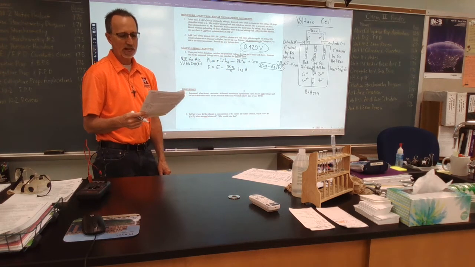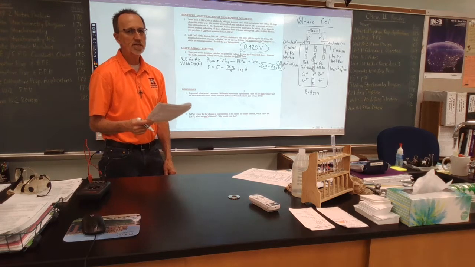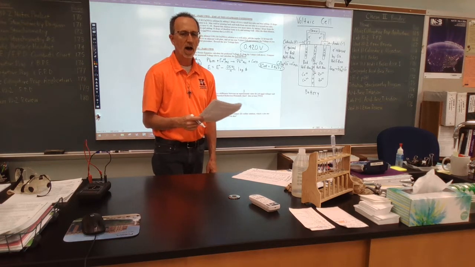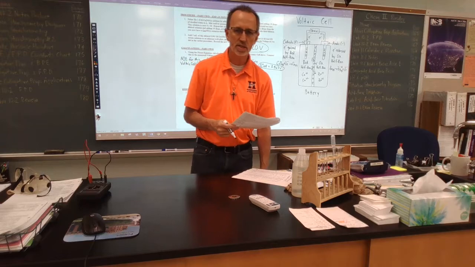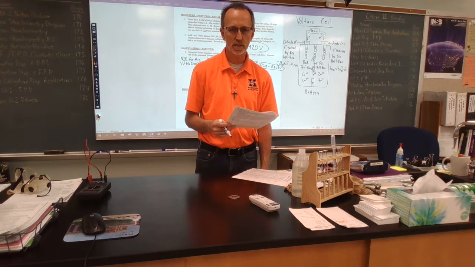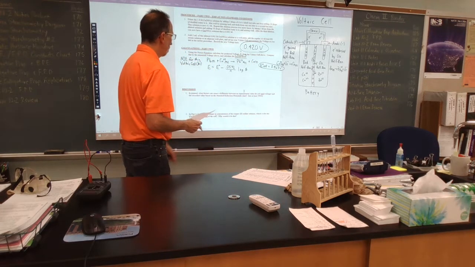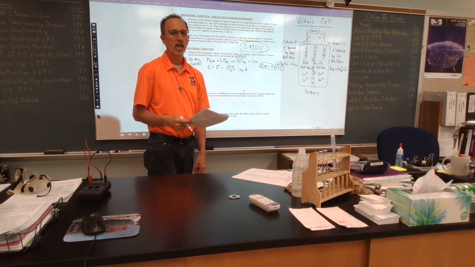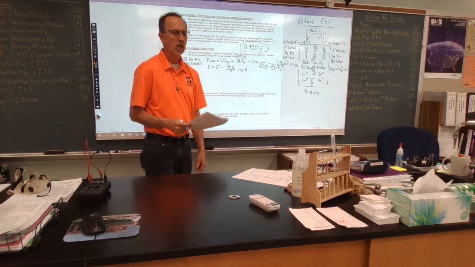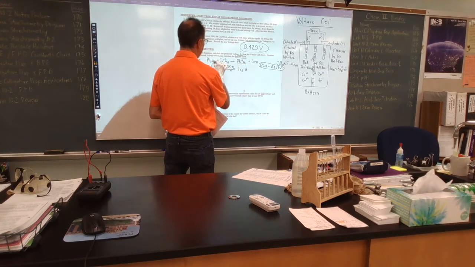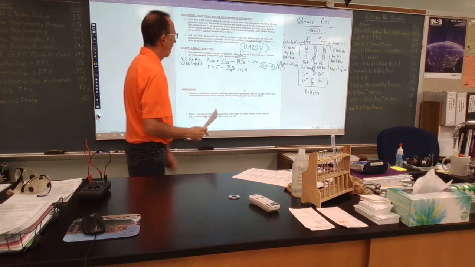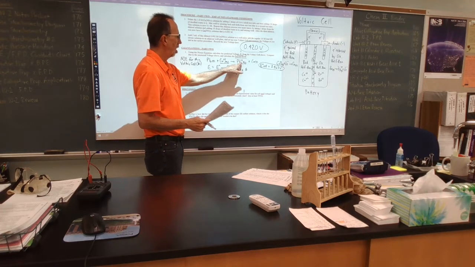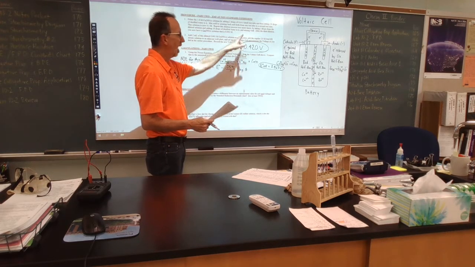Remember what Q is, all right? So Q is the ratio of product concentrations to reactant concentrations. Remember, solids are not included in the calculation of Q. So we're just looking at these two solutions right here. Well, remember our lead solution, we kept the same.